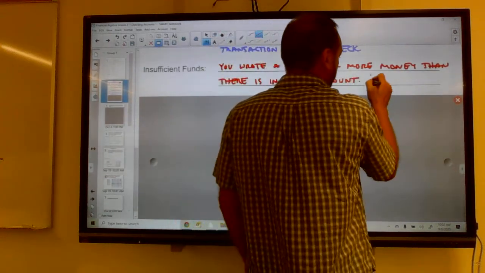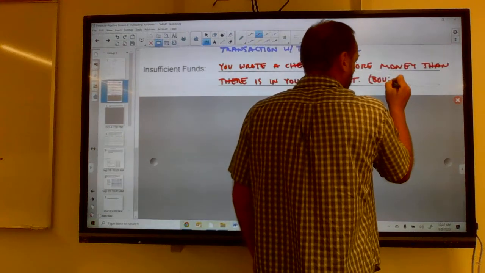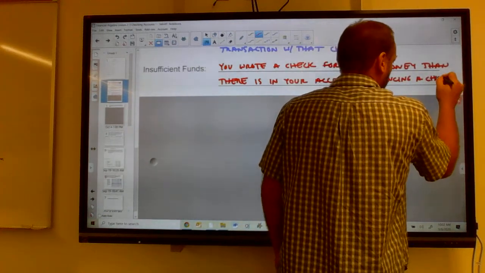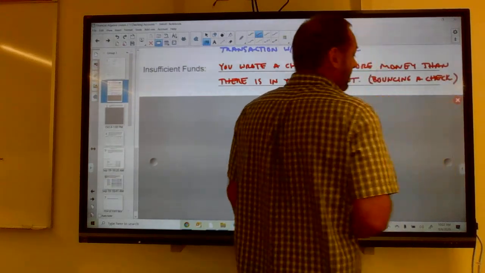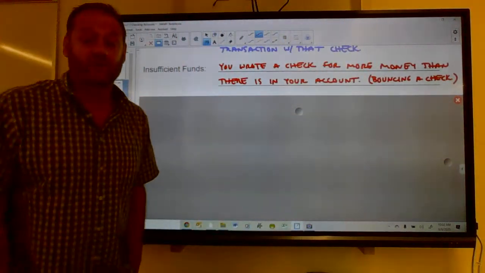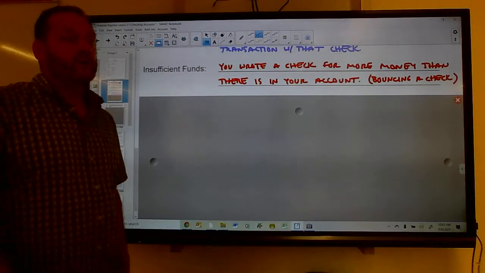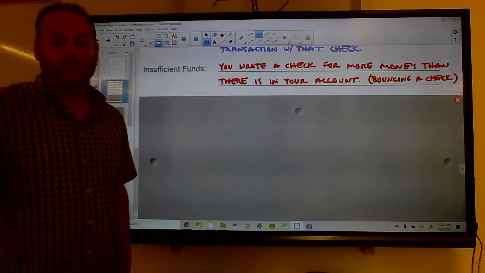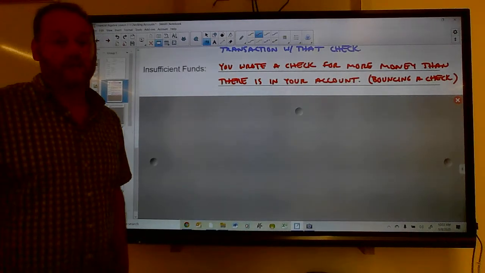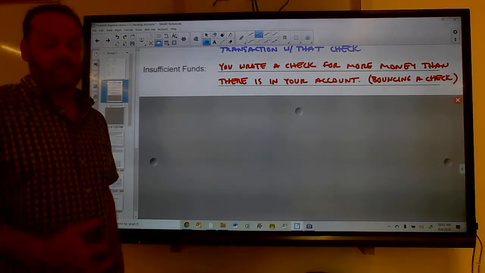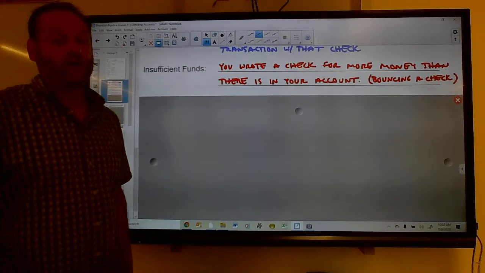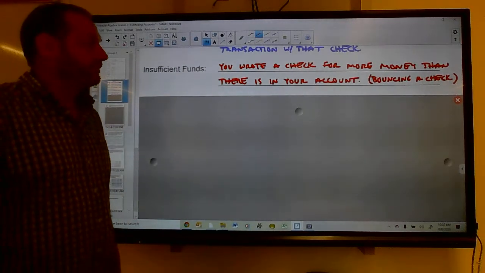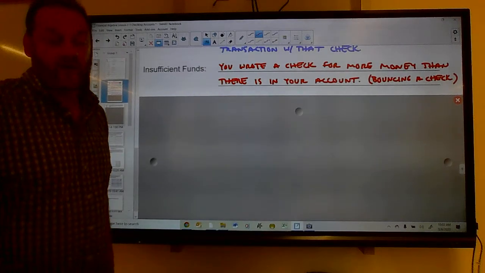It's also called bouncing a check. And if you do that, your bank's going to charge you an additional fee. So if you had 20 bucks in your account and you wrote a $30 check, you don't have enough money to cover that, so your bank's probably going to charge you another $30 on top of that because you bounced that check.